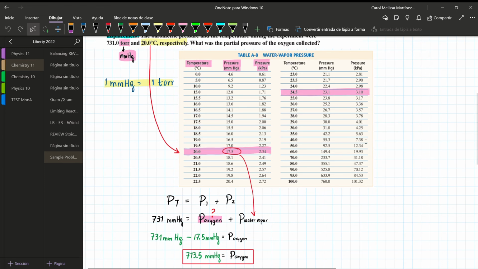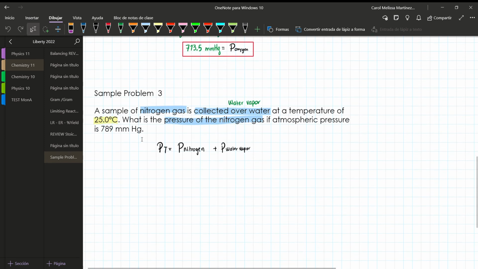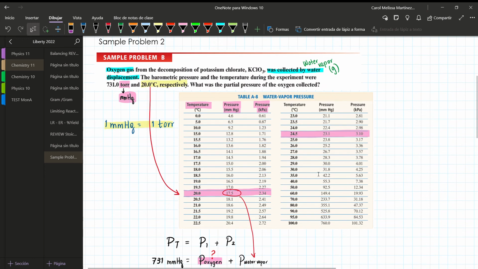Now, which one am I going to use? The pressure in millimeters of mercury or in kilopascals? To see that, I need to see the units in the problem. They are giving me millimeters of mercury, so I will focus on the part that says millimeters of mercury, which means 23.1. Okay? So we see millimeters of mercury, and that is 23.1.